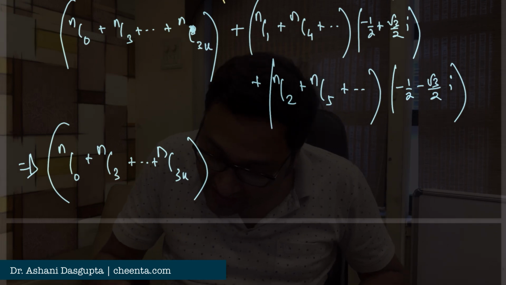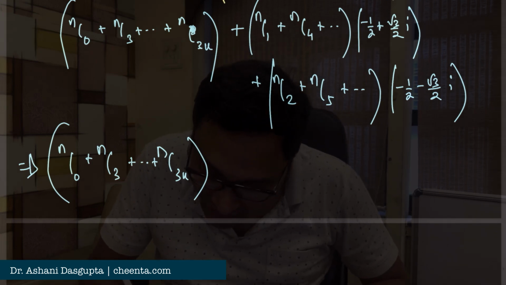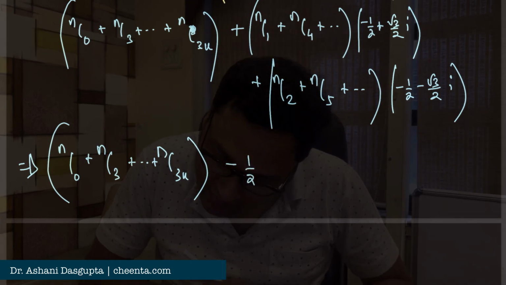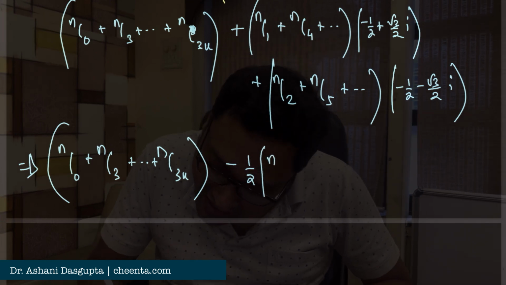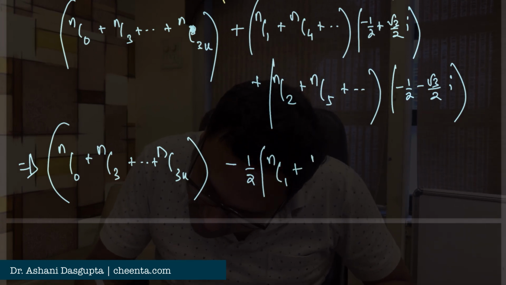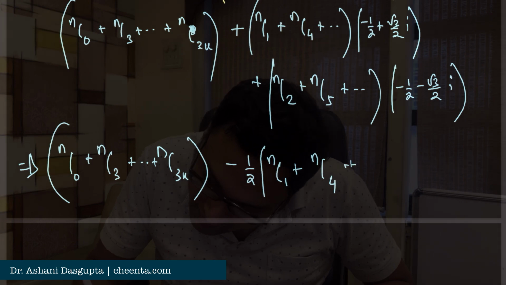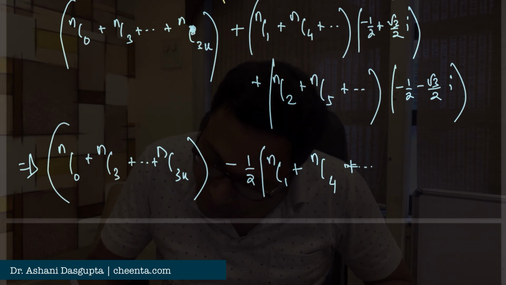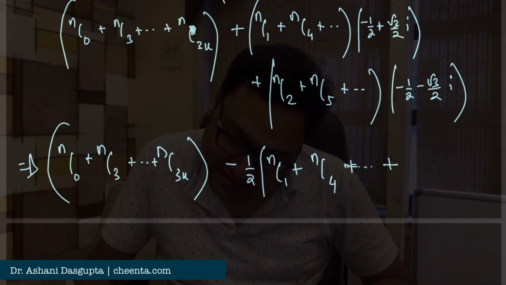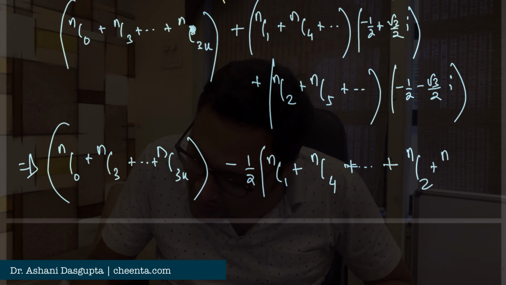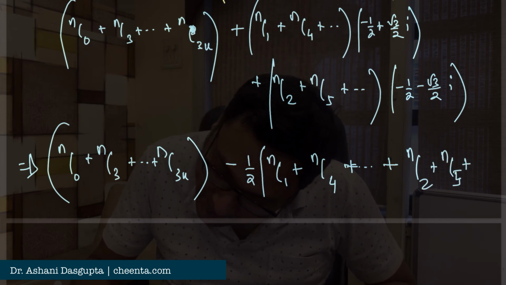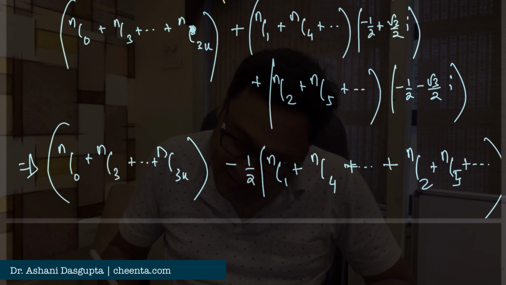And then I can take negative half common, and I will have n choose 1, n choose 4 plus n choose 2, n choose 5, and so on.